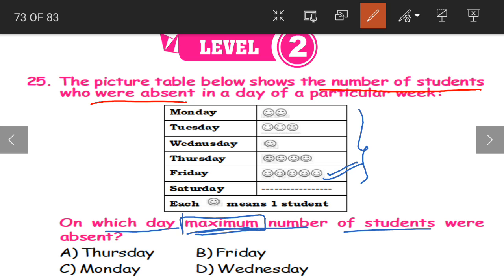On Friday. On Friday the number of smileys is the most. So on Friday the number of students absent was maximum. So our answer is option B. We just have to observe and find the day with the highest absentees.